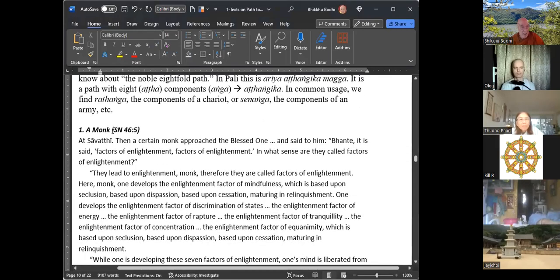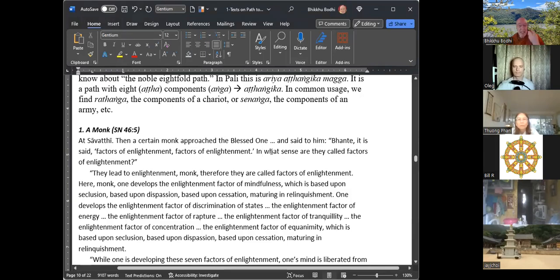Okay, so I took this sutta here. It's from chapter 46, number 5, which shows how the bojjhangas are explained in the suttas. In this sutta, a certain monk comes to the Buddha and says that he's heard this expression, bojjhanga, factors of enlightenment.